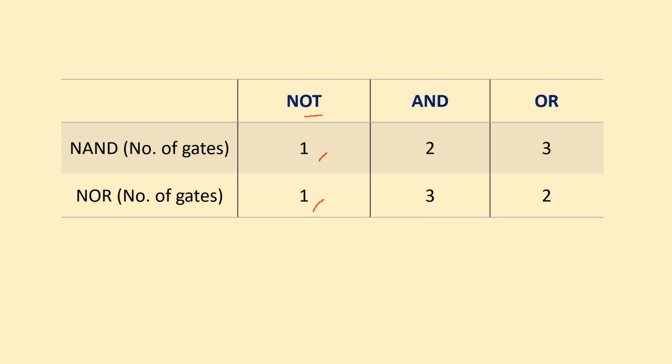To implement the AND operation, we require two NAND gates, but in case of NOR, we require three NOR gates. To implement the OR operation using NAND gates, we require three NAND gates. To implement the OR operation using NOR gates, we require only two NOR gates.